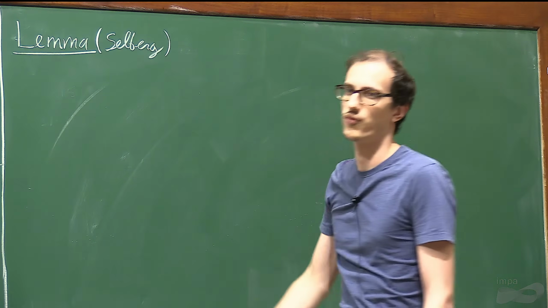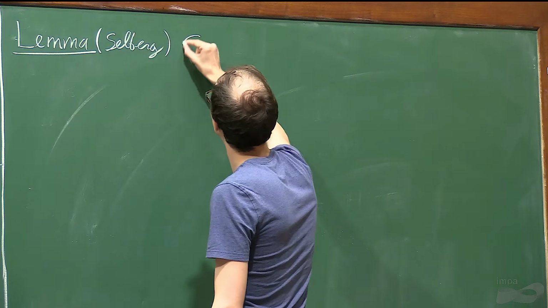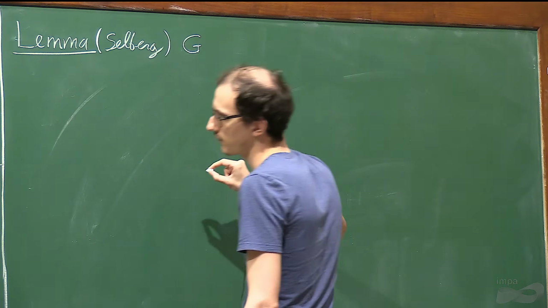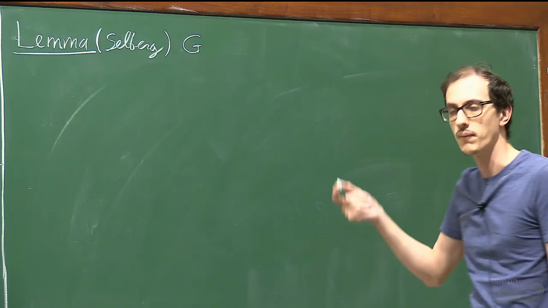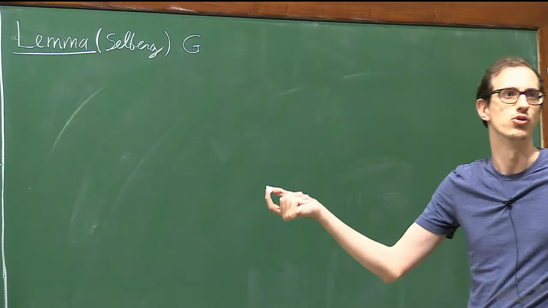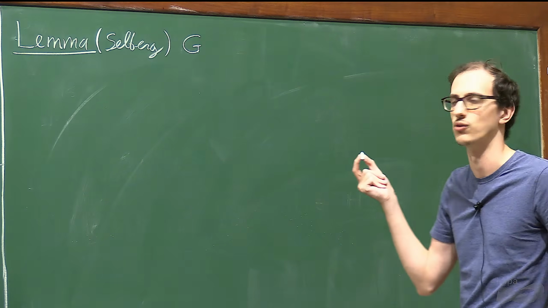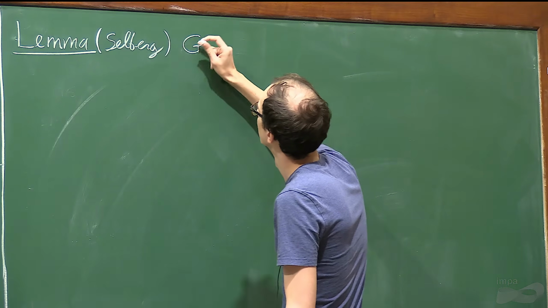That when we find G which is a lattice, we can also find a subgroup which is finite index and torsion free.